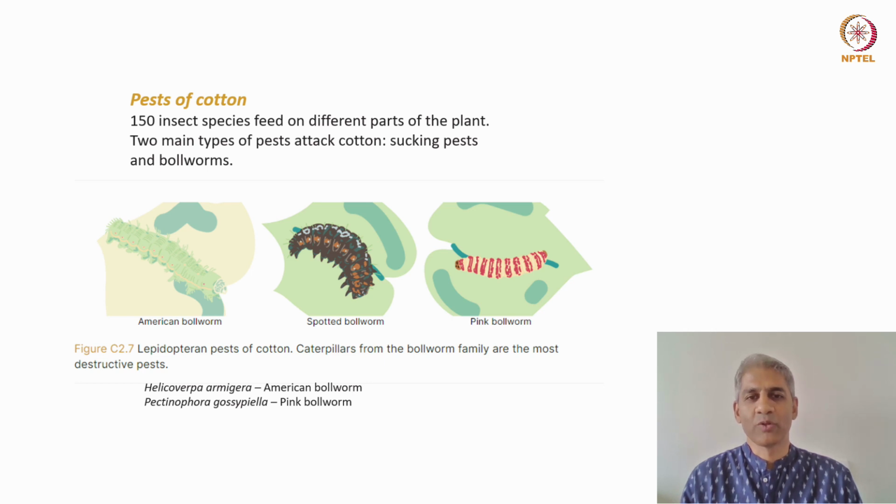But what they end up doing is they destroy the cotton boll, which is the main part of the plant that we are interested in. And in India, two species in particular are important, which is the American bollworm and the pink bollworm.